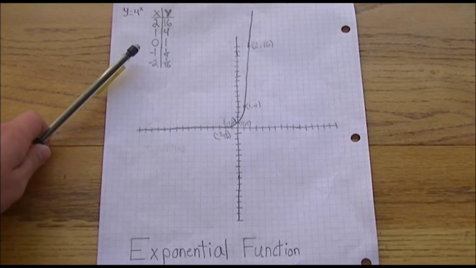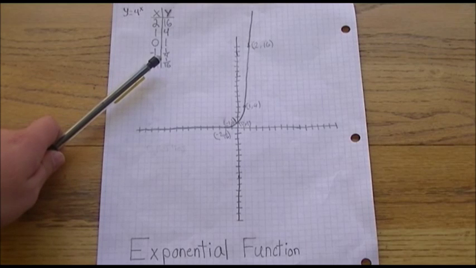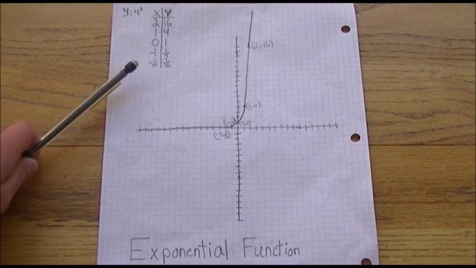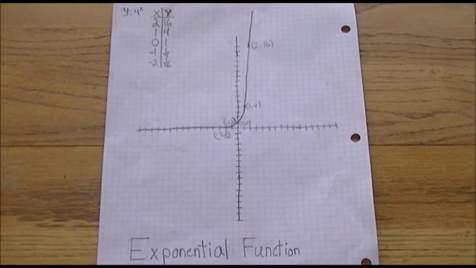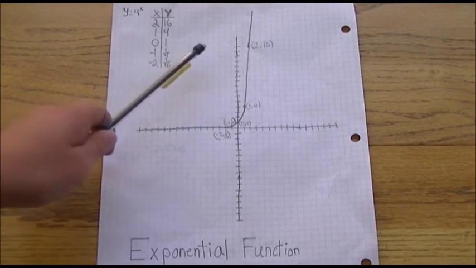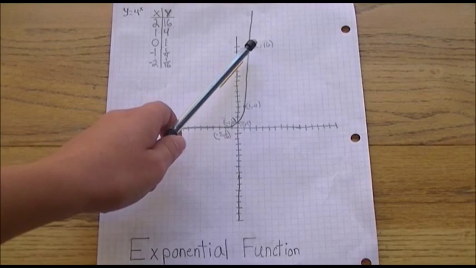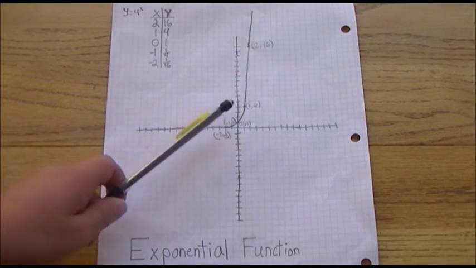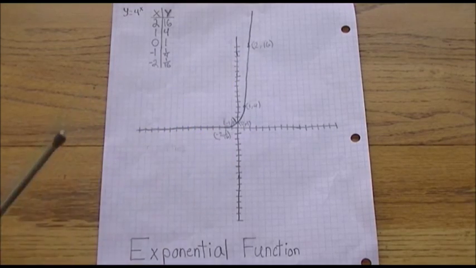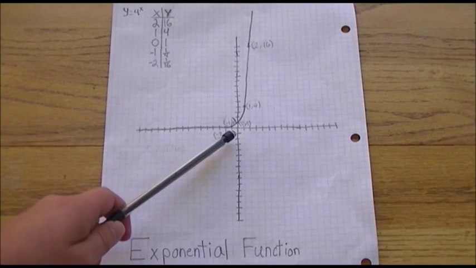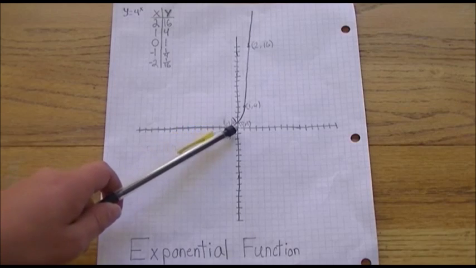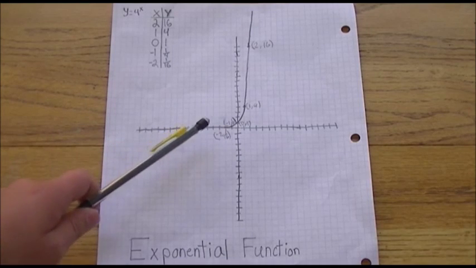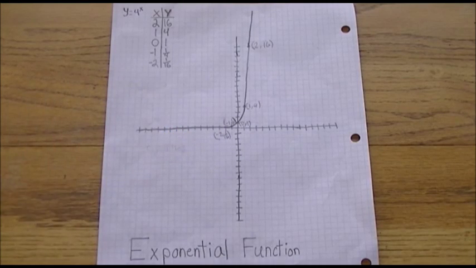For x equals 0, that will equal y equals 1. For x equals negative 1, that will equal 1 over 4. And for x equals negative 2, that will be 1 over 16. Now to graph this, we'll put x equals 2 and y equals 16, x equals 1 and 4, x equals 0 and 1, x equals negative 1 and 1 over 4, and x equals negative 2 and 1 over 16.